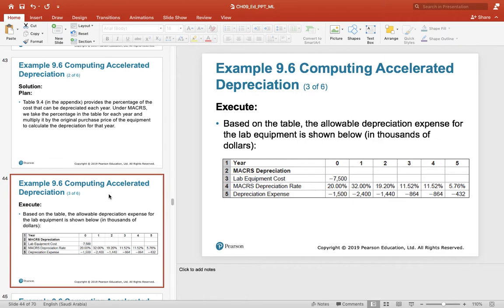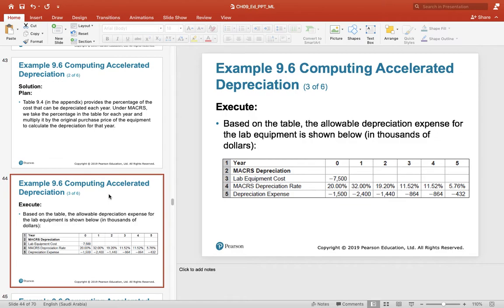You have seen the MACRS 5-year schedule. 5 means 0 plus 5. Why is it always 5 years means 5 plus 1, 3 means 3 plus 1? Because in year 0 also the depreciation is charged, the year when it is purchased. So 5 means 0 to 5 years, 3 means 0 to 3 years, like that. Here we will charge 5-year MACRS, that is 0 to 5 years. The depreciation is spread at the rate of 20%, 32%, 19.2%, 11.52%, 11.52% and 5.76%.